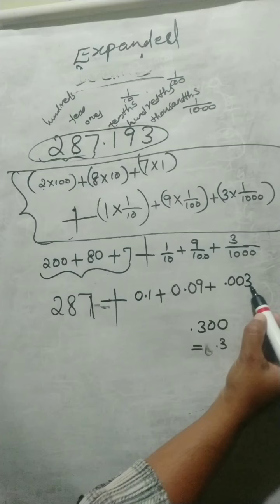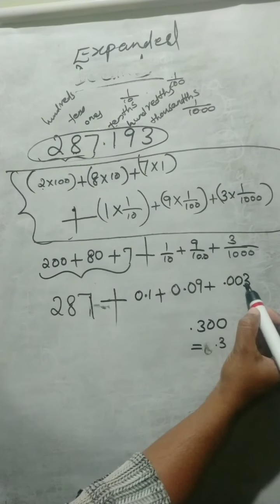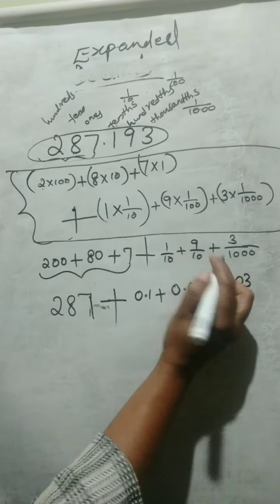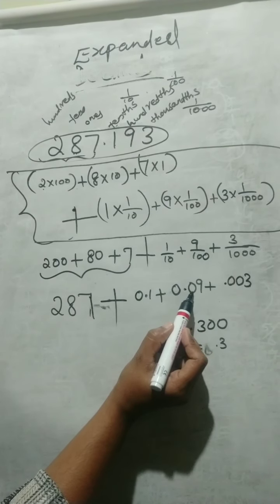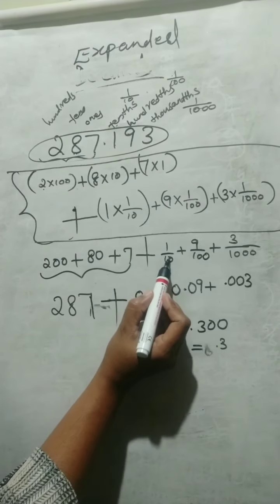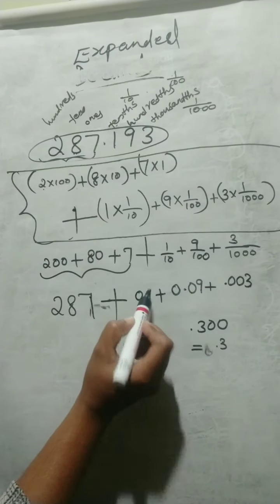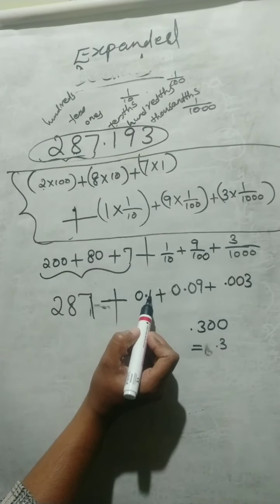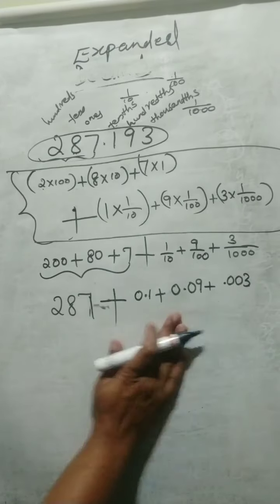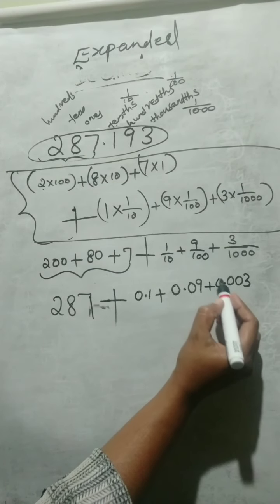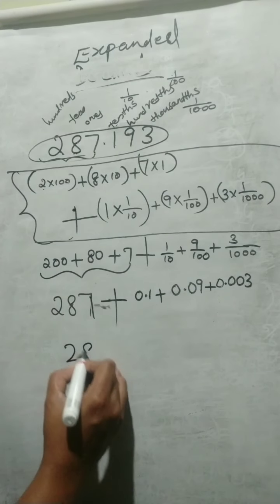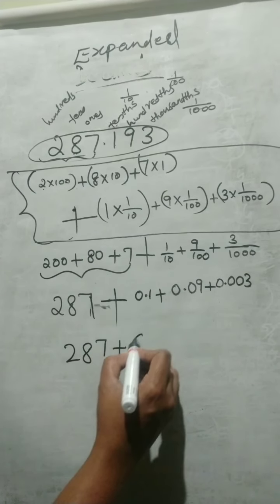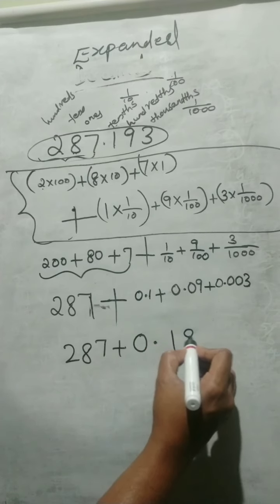So 3 should be in the thousandths place. 9 should be in the hundredths place. 1 should be in the tenths place. So 1 tenth. Clear? So 0.003. After that we can add all this. That is 287 plus 0.193.